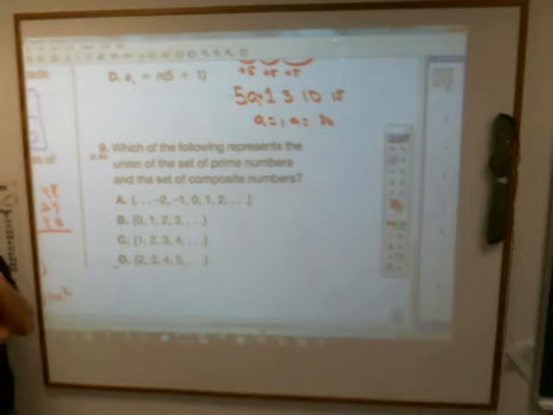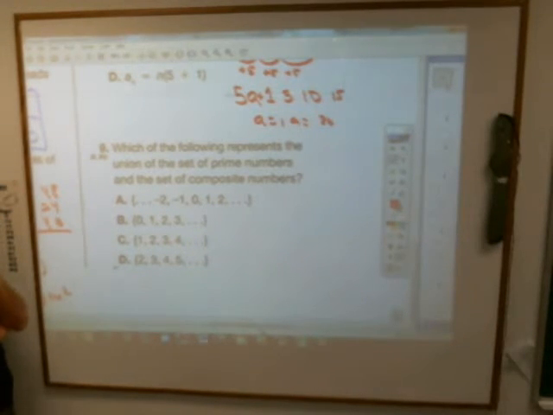Well, you have to know pretty much every number is either prime or composite, right? Except for, well, apparently negative numbers are not prime or composite, because I would have actually thought that you could put those in the prime or composite. Don't you think?